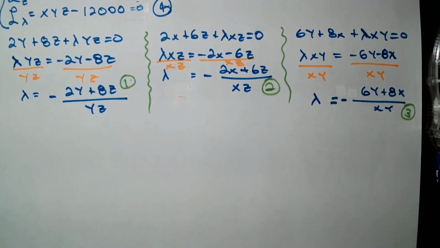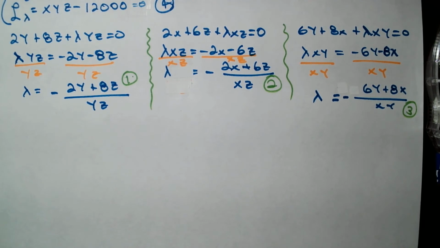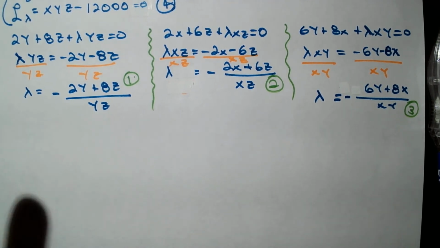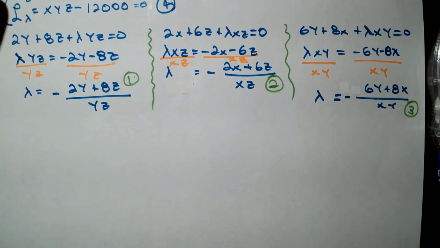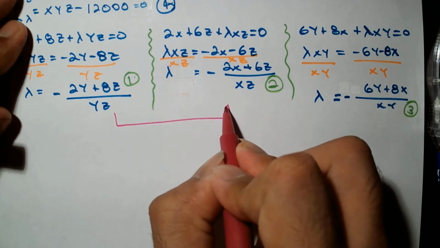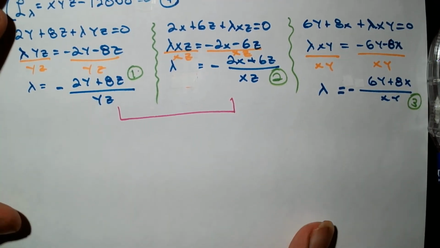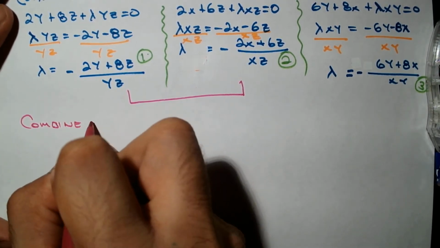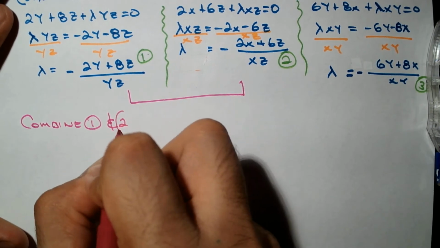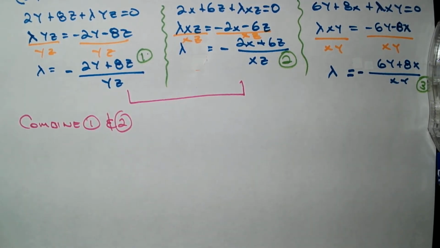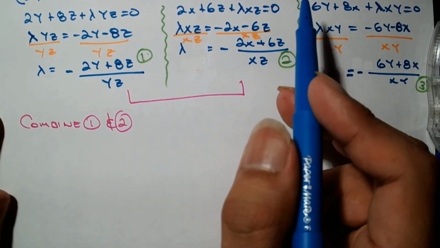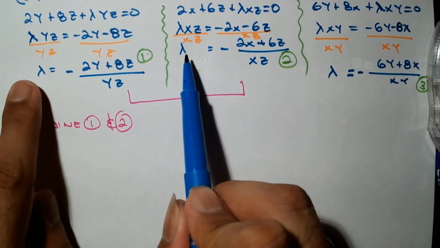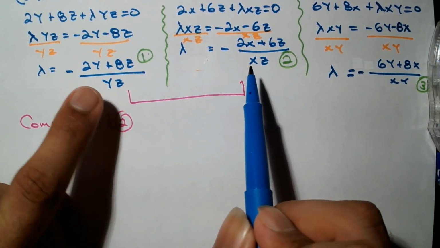So how am I going to solve this? First of all, I'm going to combine 1 and 2. If lambda equals lambda, we can set these two expressions equal to each other.